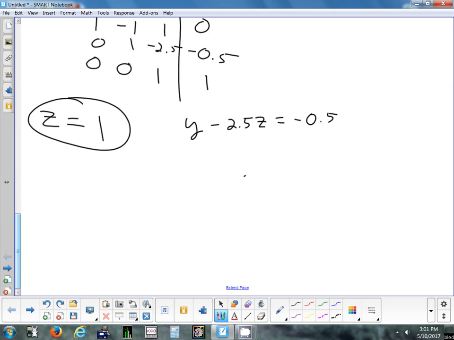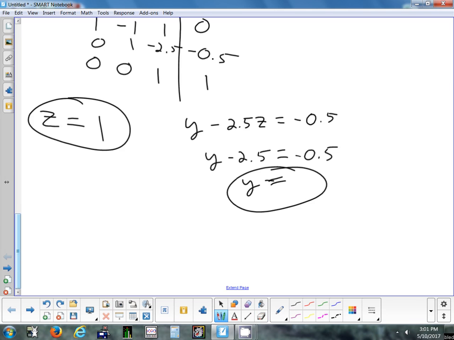z is 1. So if we fill in 1 for z, you get that. y is 2. And now we're going to go all the way back to the top row to get x.